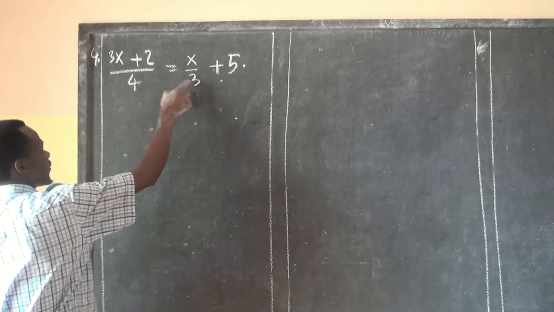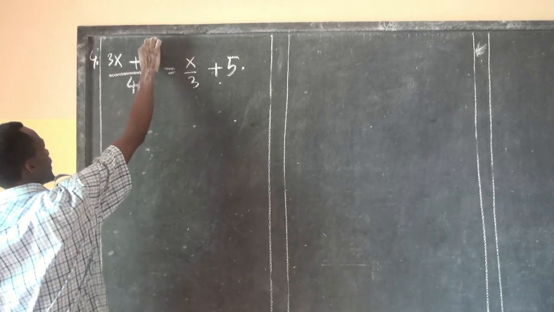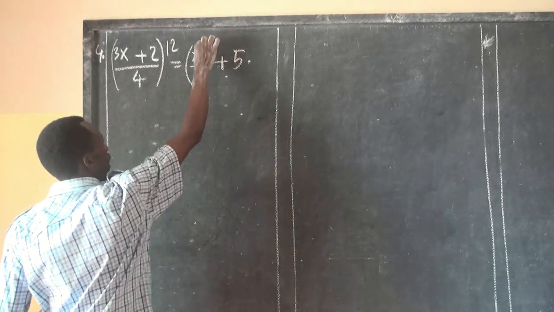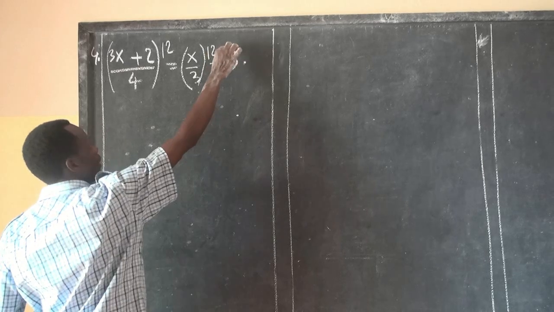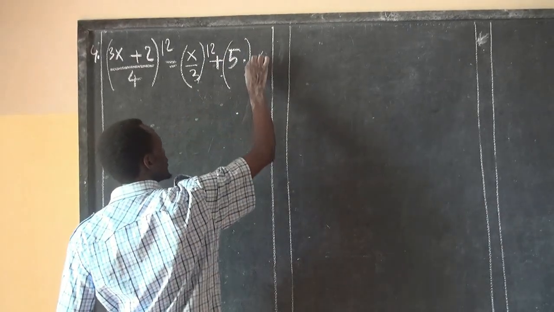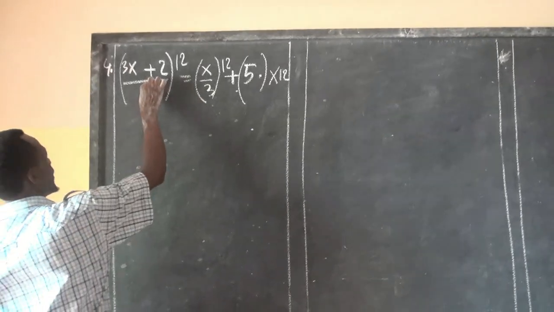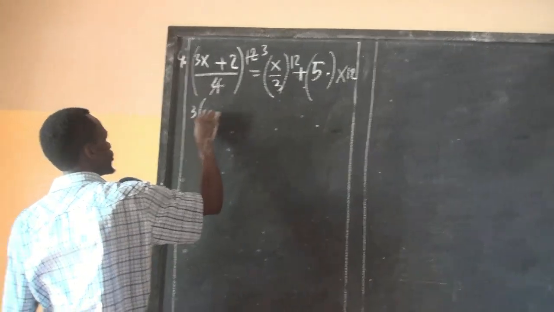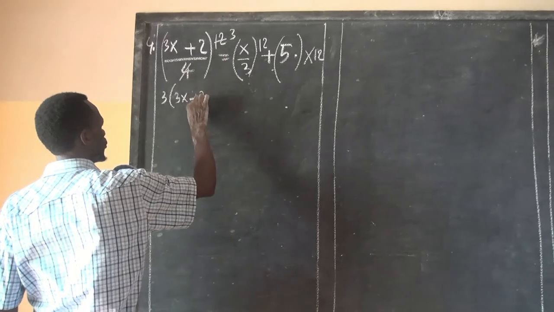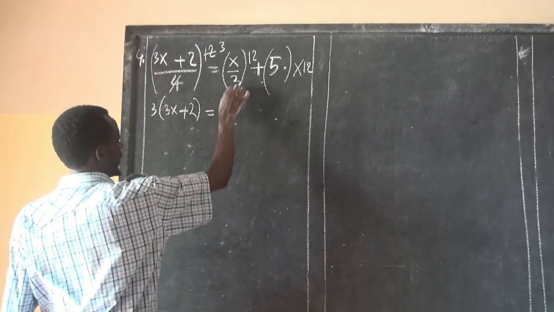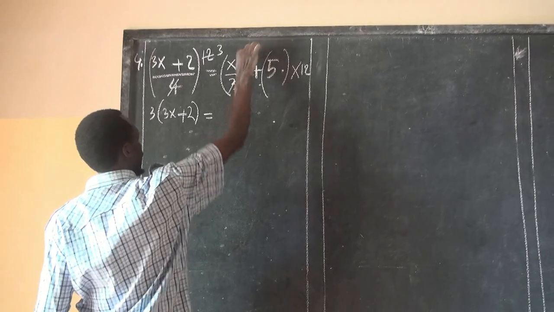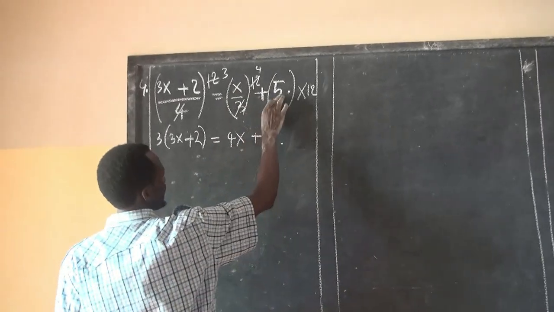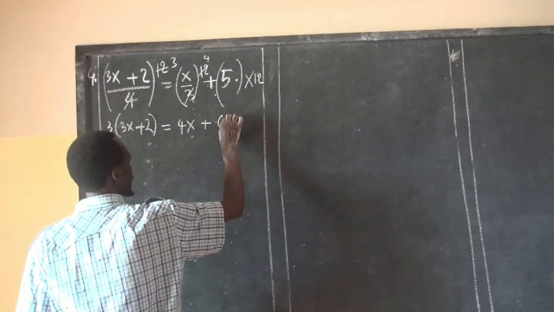The LCM of 4 and 3 is 12. Now, here we multiply it by 12, here also we multiply it by 12, also here we multiply by 12. Then, by 4, 4 here is 3, then you have 3 times 3x plus 2 is equal now by 3 here 4, now is equal to 4x, 4 times x, then plus 5 times 12 is equal to 60.